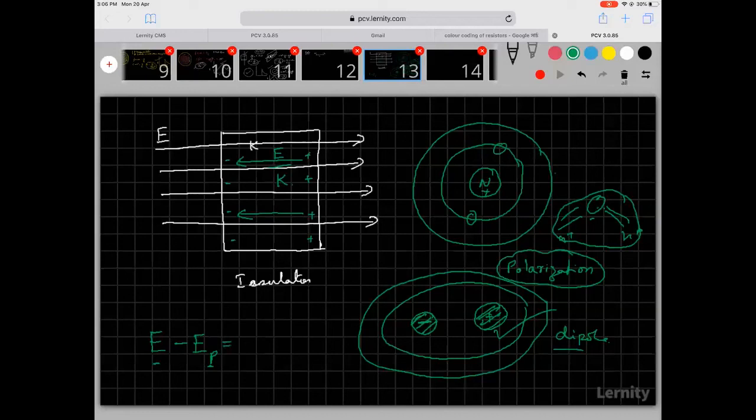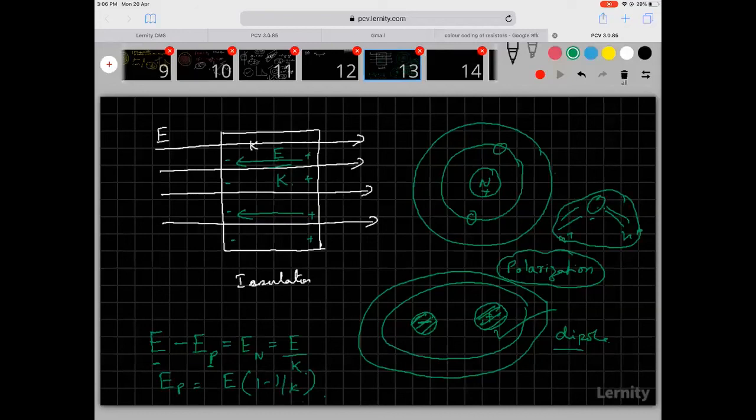This gives you the net field, which is equal to E divided by K. So can I say that the electric field due to polarization is E into 1 minus 1 by K? This is the electric field only due to polarization.